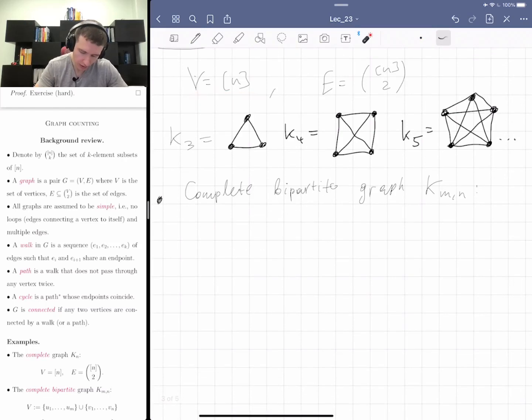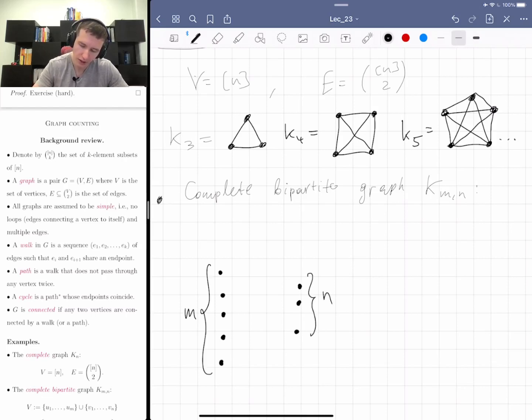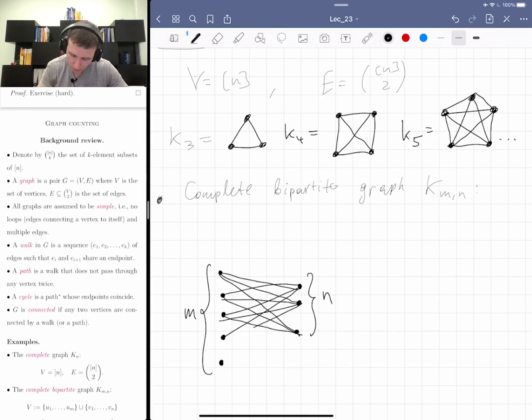Maybe I should first try to draw an example. There are going to be m vertices on the left and n vertices on the right, and then I'm just going to connect each vertex to all vertices on the other side. And that's Km,n.